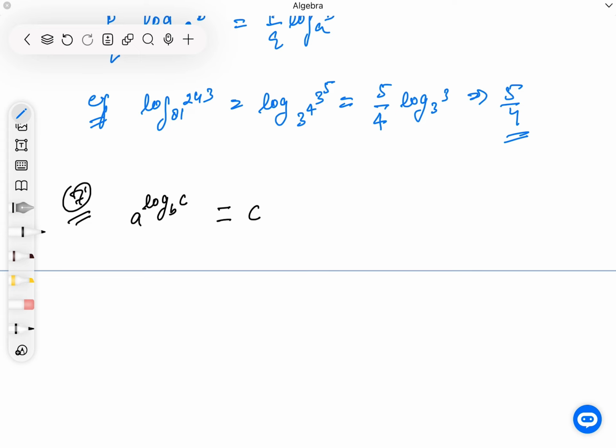So you could write this as c to the power log of a with a base of b. So remember, base remains same, only the number which was having the power and of which you were trying to find the log, those two change.